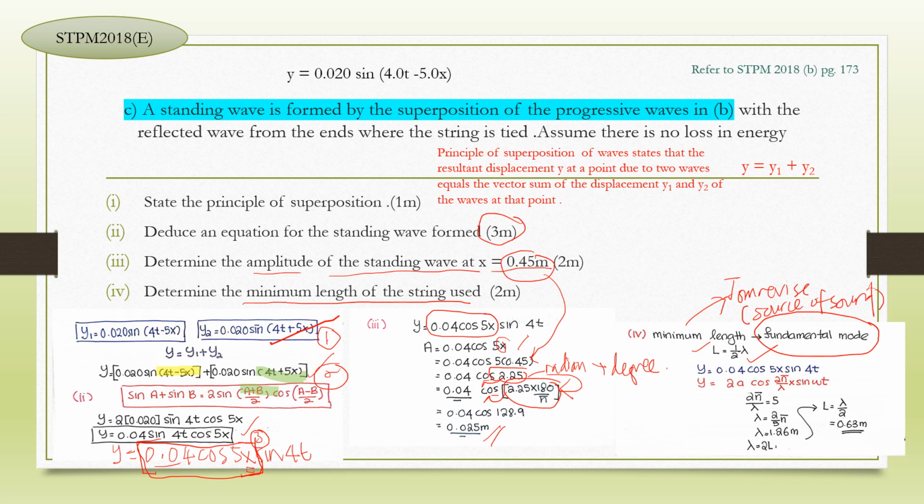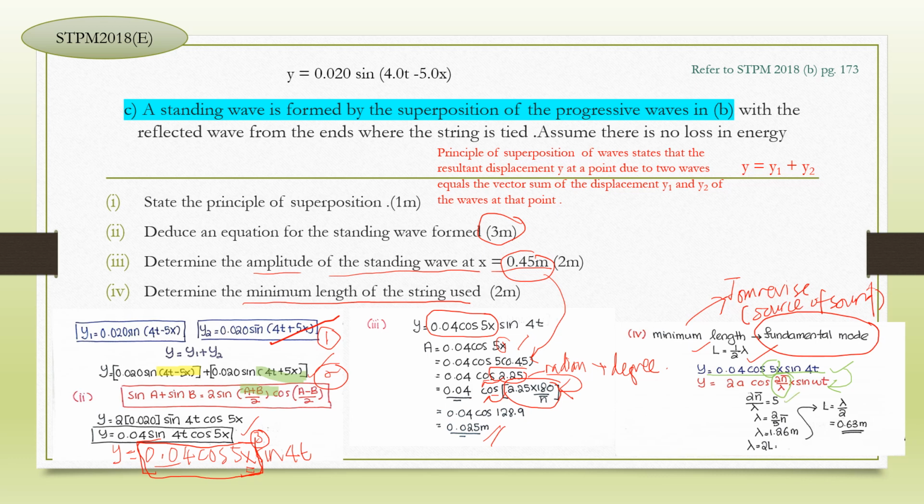Now here is the equation that I got. Then I compare with a general stationary wave or standing wave equation. So I realize that 2 pi over lambda is actually 5, correct?